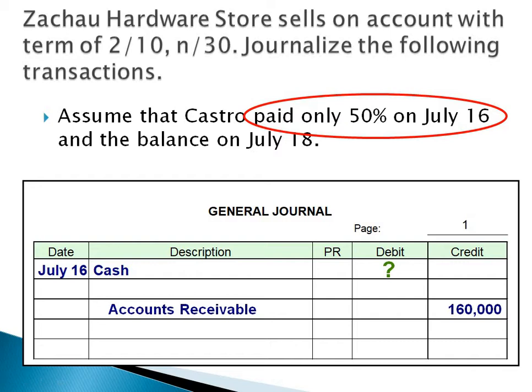Listen carefully, please. In some parts of the world, the answer is yes. But in other countries like the Philippines, the answer normally, especially for classroom purposes, is no. Because Castro made only a partial payment. And the problem does not say that Sakaw gives or grants discount for partial payment.